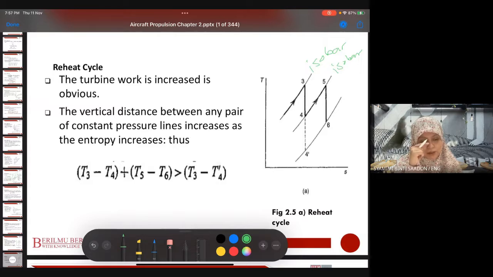So the pressure between 4 to 5, for example, or 2 to 3 just now in the combustion chamber, is the same, no pressure loss. So in the sketch, the process is along the isobar lines, along the constant pressure lines, 4 to 5, 2 to 3, and the vertical distance between constant pressure lines increases as the entropy increases.